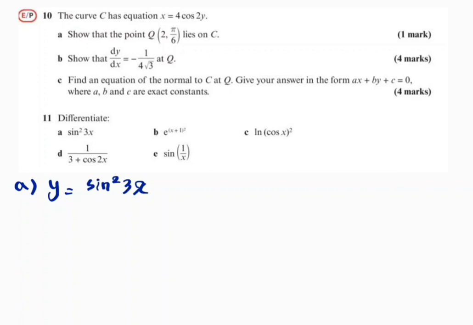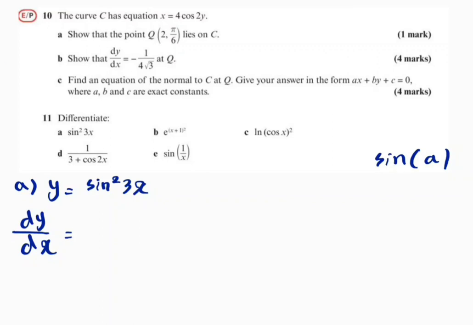So for the first one, we write dy/dx is equal to... whenever we have sine of something, sine of, let's say, a, we differentiate a, and that comes out as a multiplier, and then we differentiate this trigonometric function, and we will use the derivative of that.